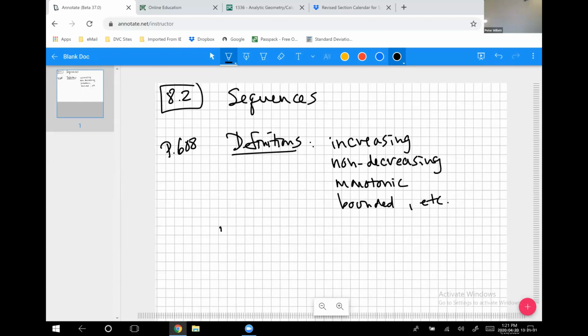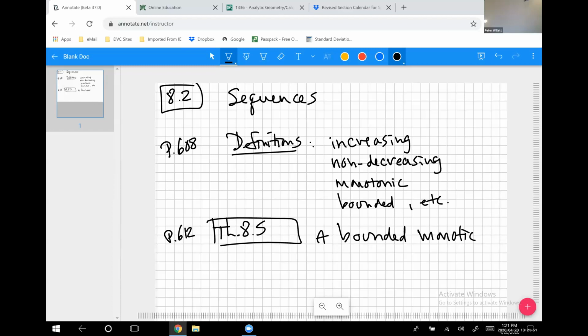So one of the most important things, or that's a theory idea behind this, was Theorem 8.5 on page 612, which was short and sweet, so I'll just write it down. A bounded monotonic sequence converges.